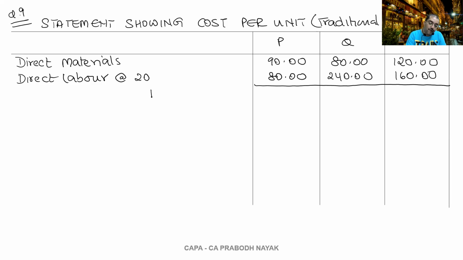So you can take the prime cost here: 170, 320, 280.